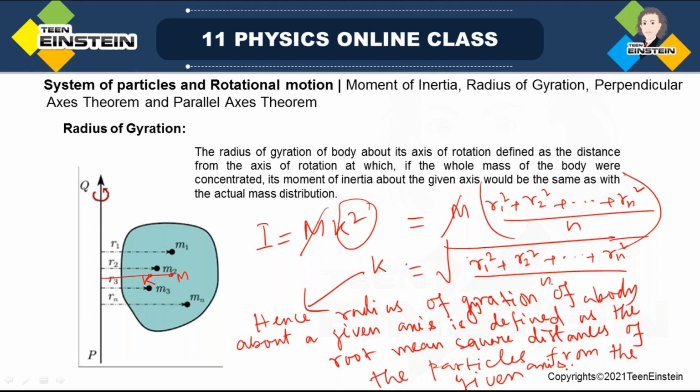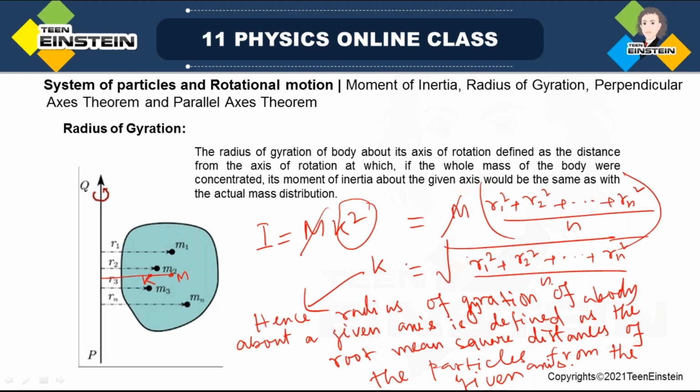It follows from here. So K is the radius of gyration, which is the root mean square of the distances of the particles from the given axis.